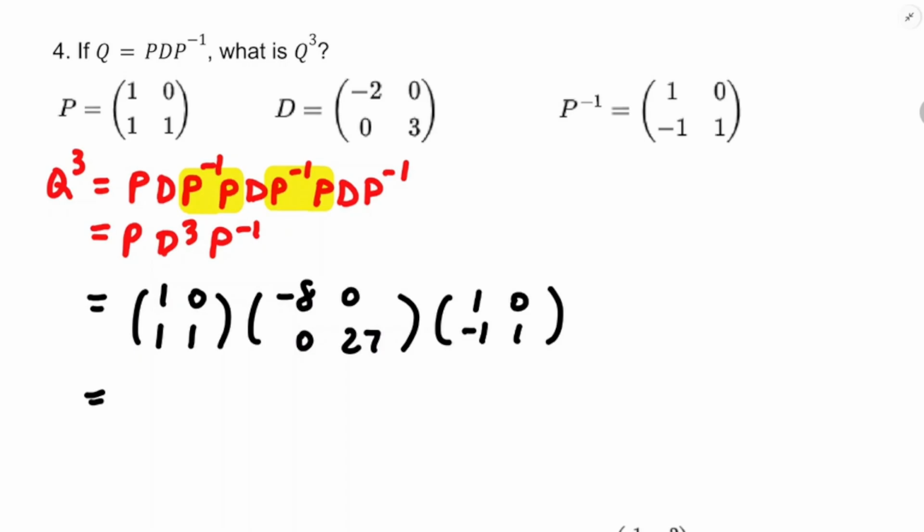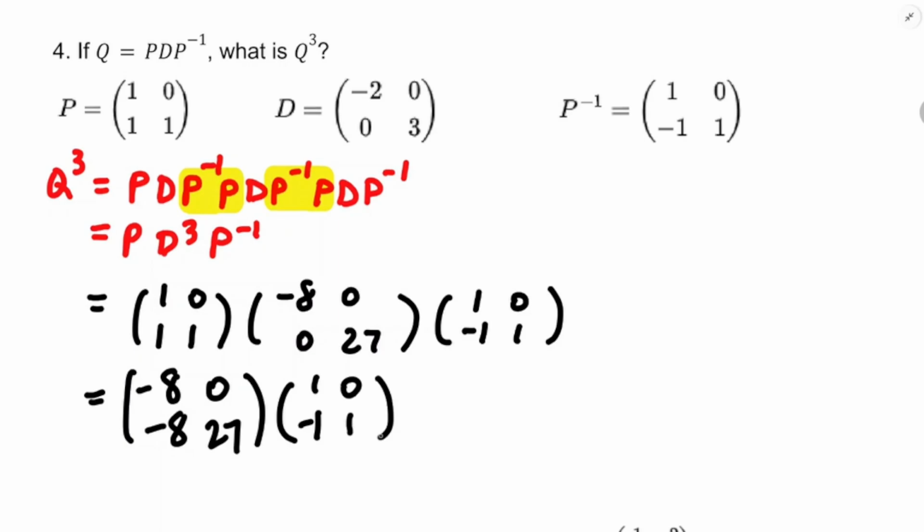But for now we're just going to do this matrix multiplication, maybe the new way. So negative 8 of the first column, none of the second column, 0 of the first column, 27 of the second column. And so we have that, [1, -1; 0, 1].